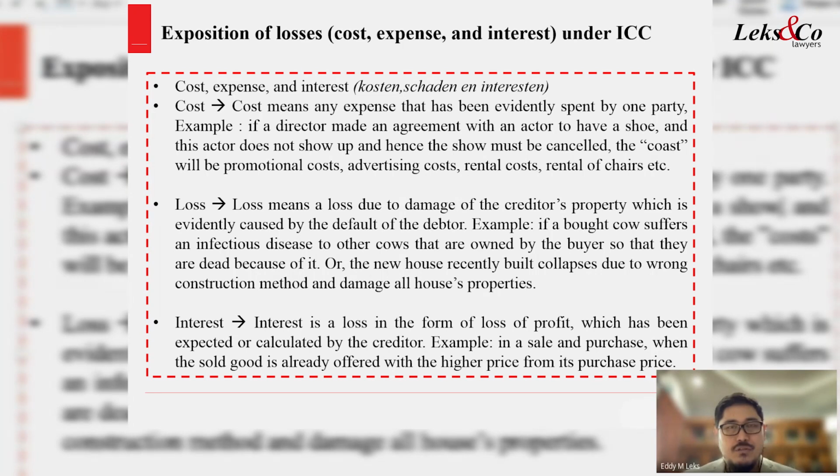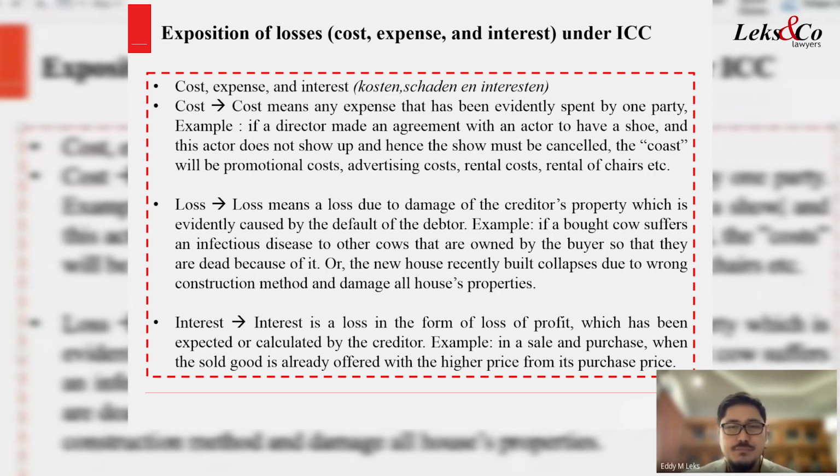When we talk about interest, maybe it's easier to understand and to differentiate it between interest and cost, or interest and loss. But loss and cost are not easy to differentiate. Now let's see subjekti.